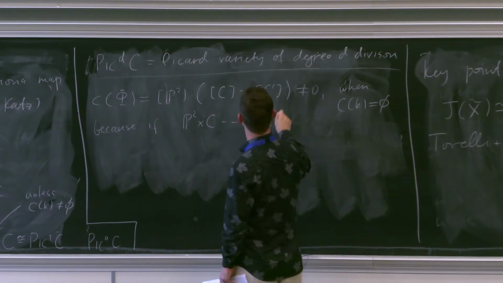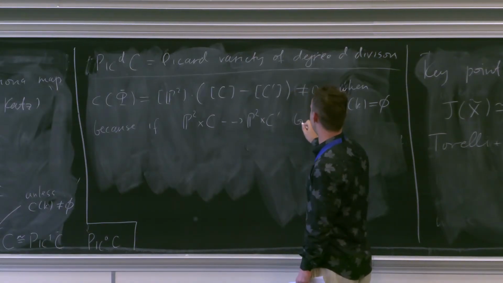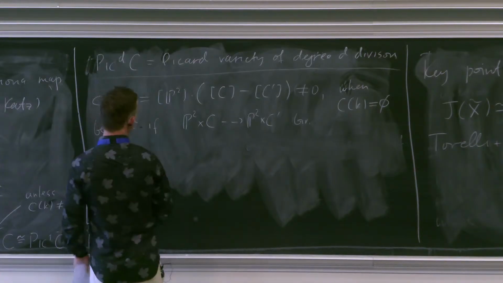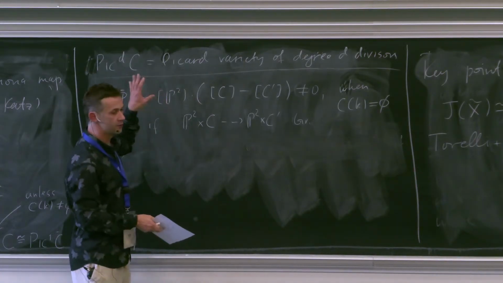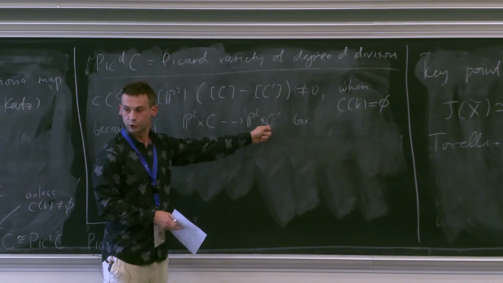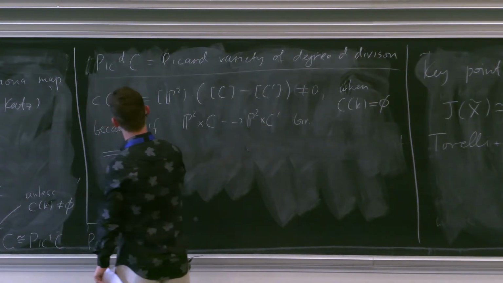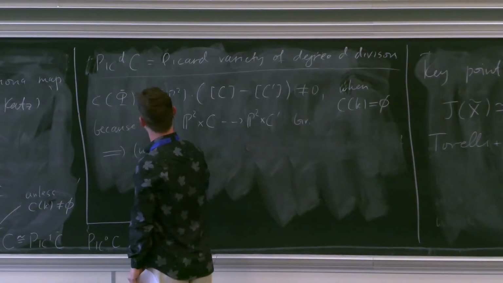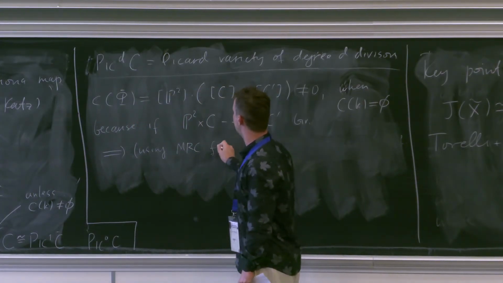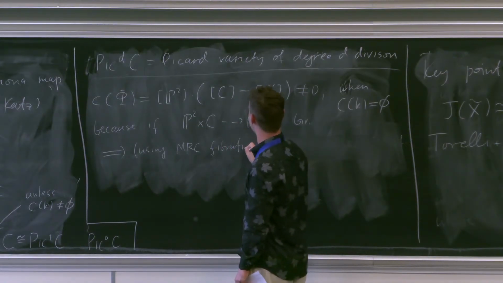they're not birational. If I had a birational map, then there's a standard argument that we can contract the rational curves and get the bases of these fibrations also birational. So using something called the MRC fibration, which I'll speak about tomorrow for some other purpose. MRC fibration, maximally rationally connected fibration.